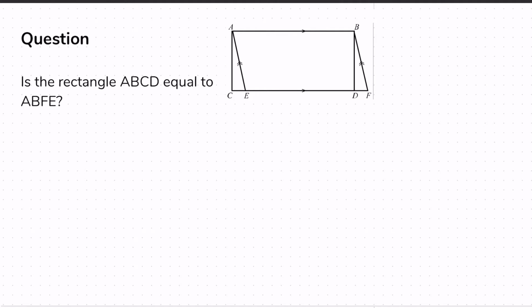In this question, we're asked if the rectangle ABCD is equal to ABFE. Now, the way to start thinking about this is how are they different?